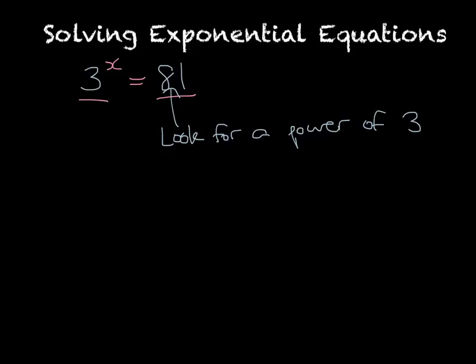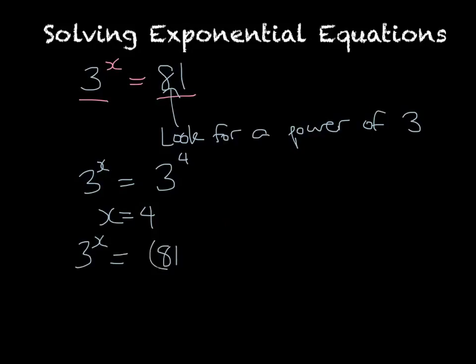So what we can do is rewrite 81 as 3 to the 4th. And now, just by looking at our equation, we can tell easily that x equals 4. We can make these equations more complicated by adding an x to the other side. So if we had something like 3 to the x equals 81 to the power of x minus 1, then you would do something similar.